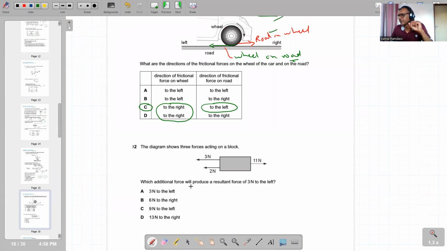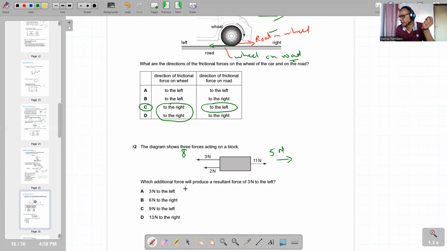The diagram shows 3 forces acting on a block. Which additional force will produce a resultant force of 3 Newton to the left? Well, here, the resultant force is 11 minus 6, which is 5 newtons to the right. And to make 3 newtons to the left, I need 8 newtons. Is that good?